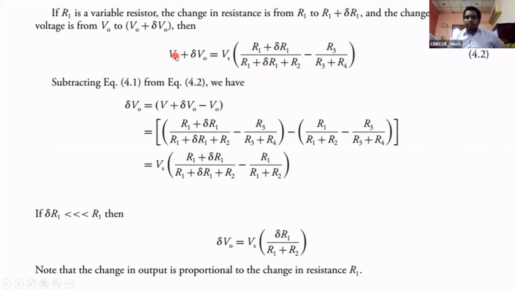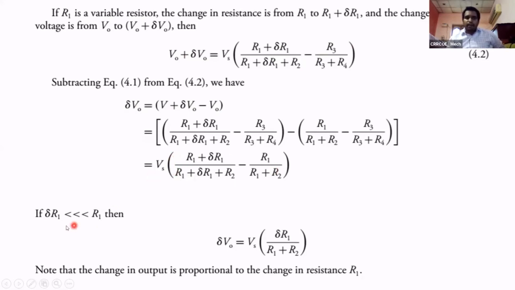Initially V out is 0, but now there is a change in the output voltage. Now we need to measure this change in voltage, that is V naught plus delta V out minus V naught. V naught cancels, and we get delta V out here. V naught plus delta V out means this one, minus this. You can rearrange this, and finally we get this equation.